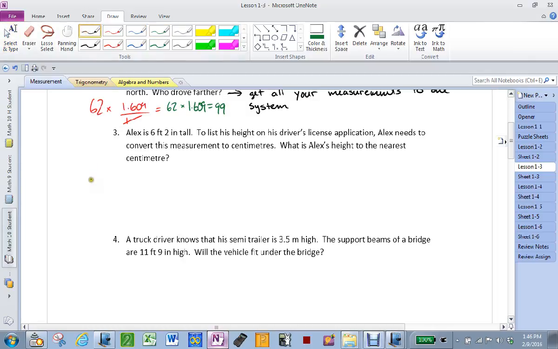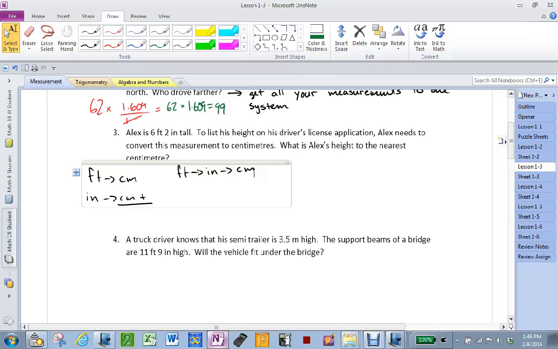Can you go feet to centimeters, then go inches to centimeters, and then add the two? Is that okay? Is that allowed? Could you also go feet to inches, then inches to centimeters? Can you do that? Is one way more or less right than the other way?